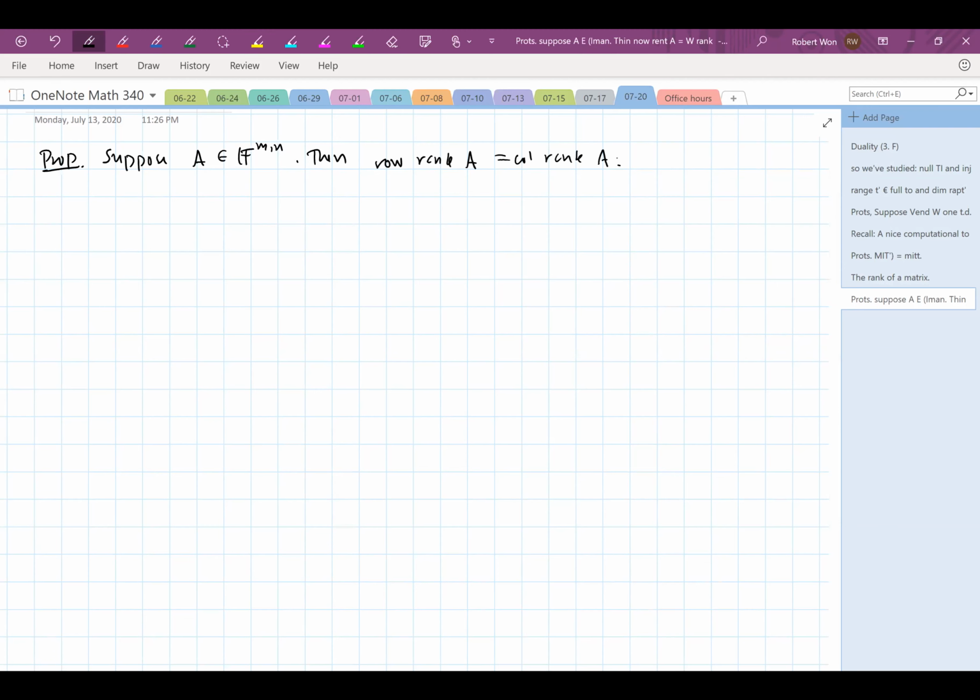And I guess you could do this by carefully proving some facts about Gaussian elimination and what it does to the rows and the columns, and then you can prove, say, that the row space is spanned by the pivot rows and the column space is spanned by the pivot columns or something like this. But we have all this duality technology. It turns out that we can prove this just abstractly, which is actually better.